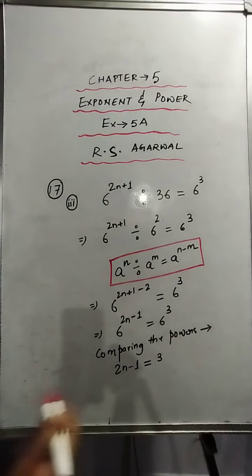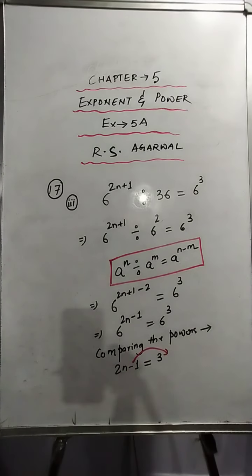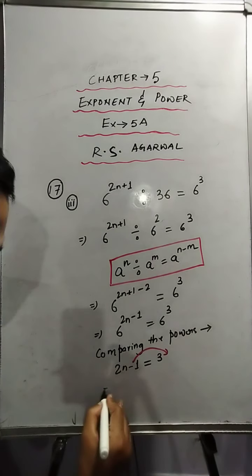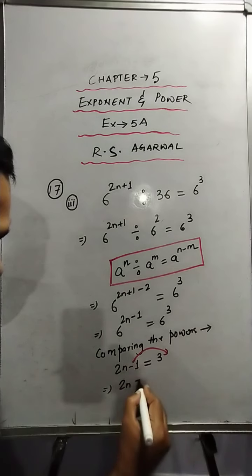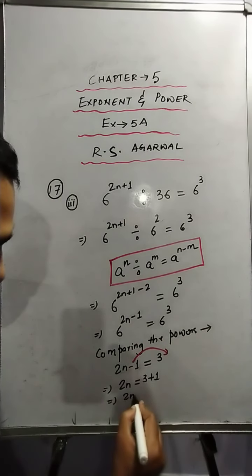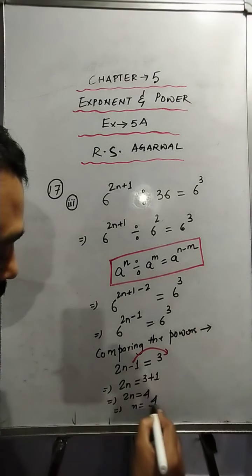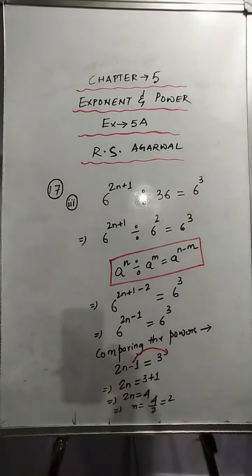So to get the value of n, the first thing that we have to do is transpose minus 1 towards the right hand side. So it will look like what? 2n is equal to 3 plus 1. So the next thing is what? 2n equals 4. n would be equal to 4 by 2, and that will give you what? 2 as the answer. Okay, so now let's do the last sum of today's session.